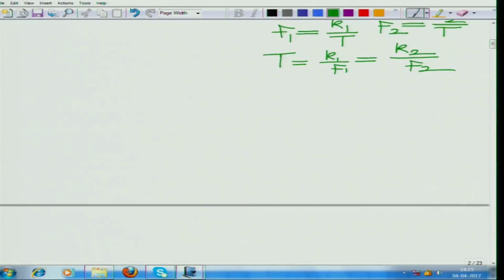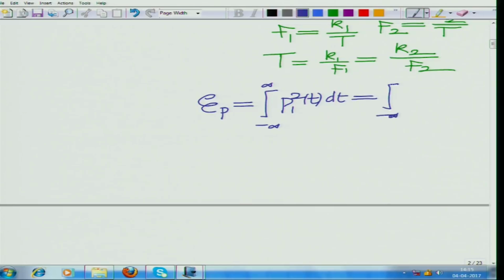And we have also seen that the energy of the pulses, the integral of P1 squared dt from minus infinity to infinity, and likewise for P2 squared, equals 1, that is both pulses have unit energy.